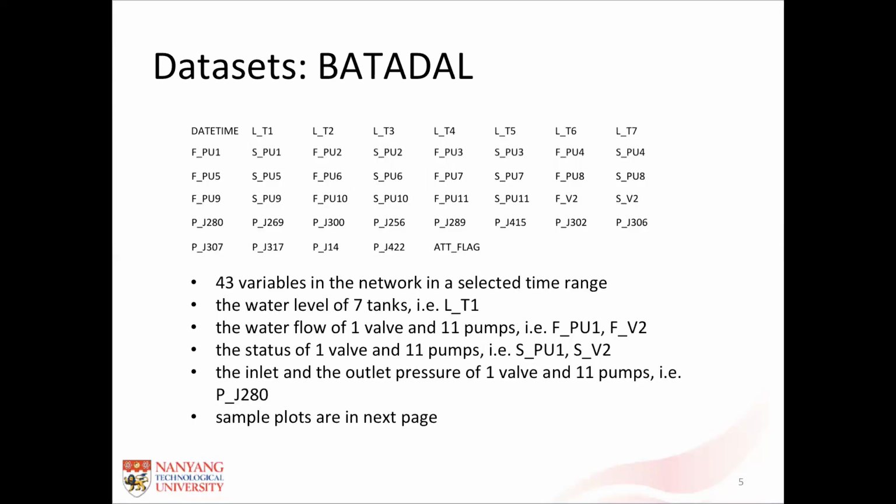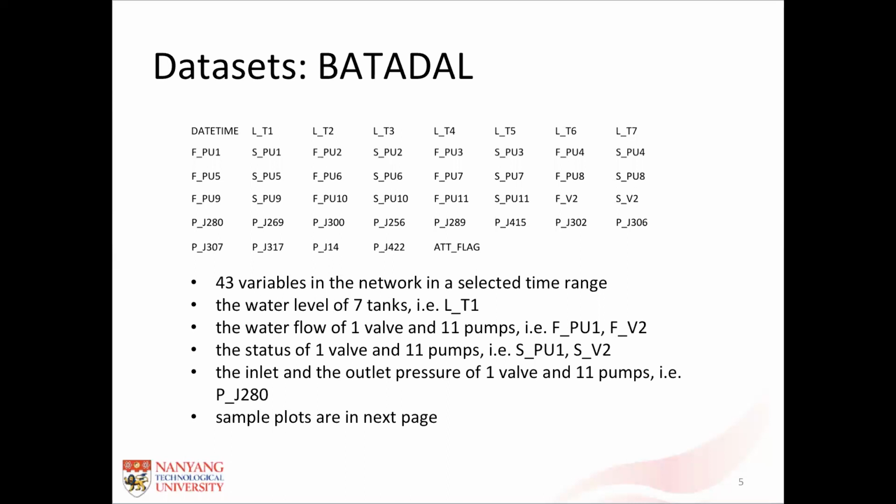This dataset has 43 variables in the network. Looking at the individual variables, we found 7 tank water levels, 1 water flow around a valve, and 11 water flows around the pumps.